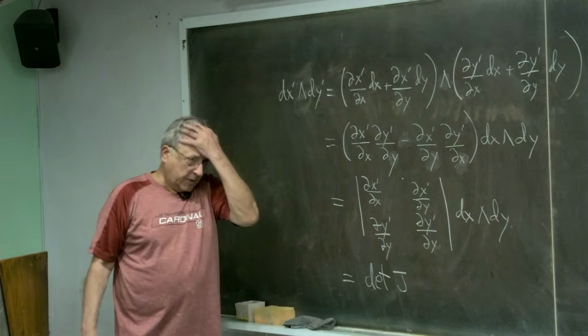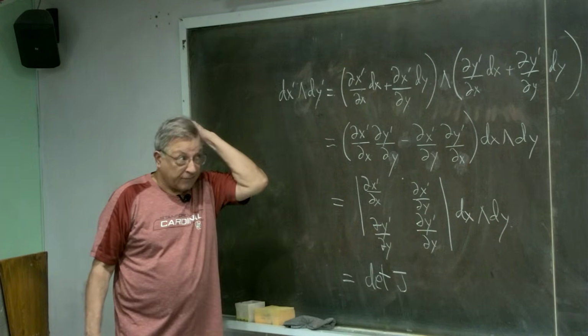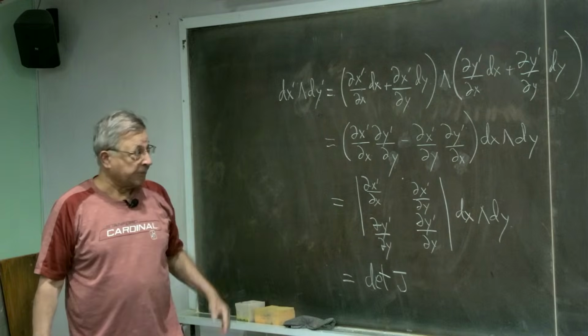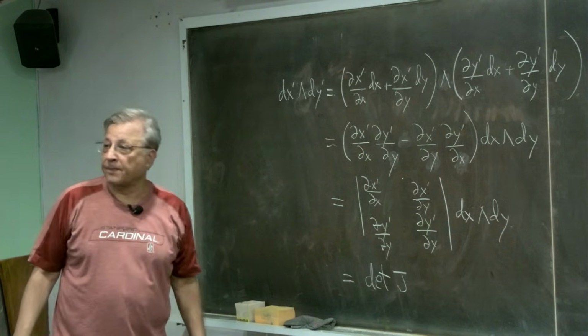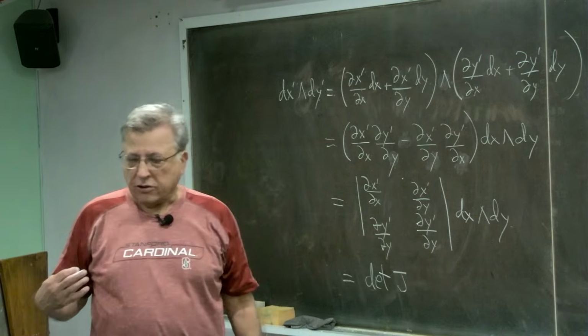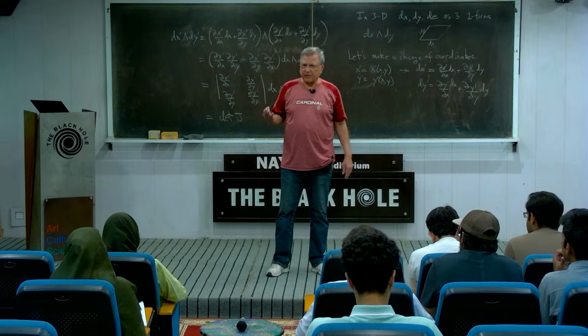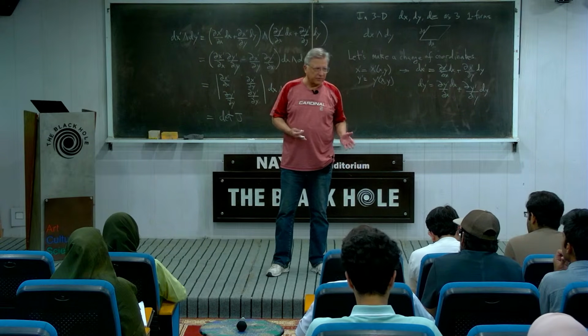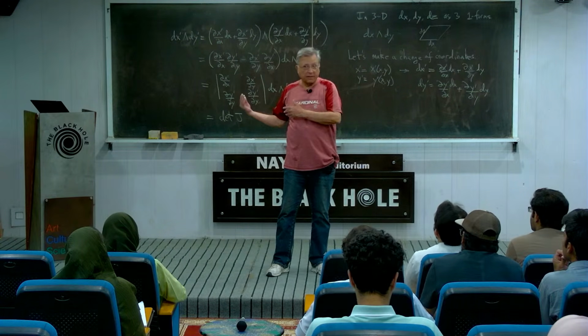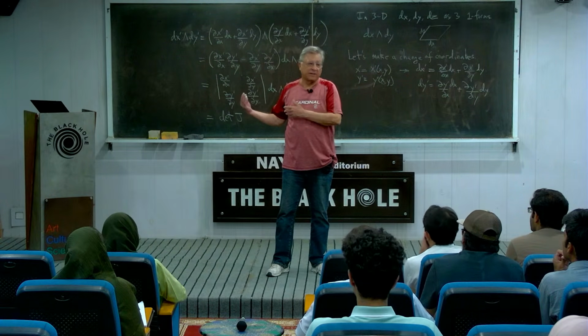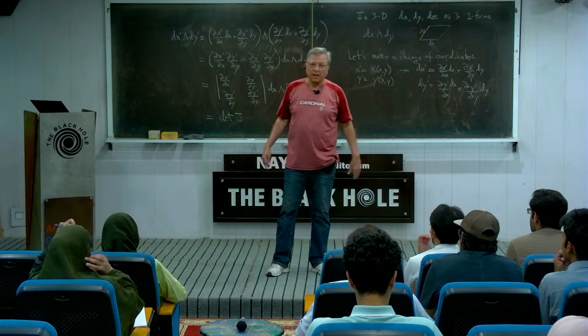So this is actually interesting because it's telling you that when you make a change of variables in solving an integral, you have to deal with the Jacobian and with an oriented area.